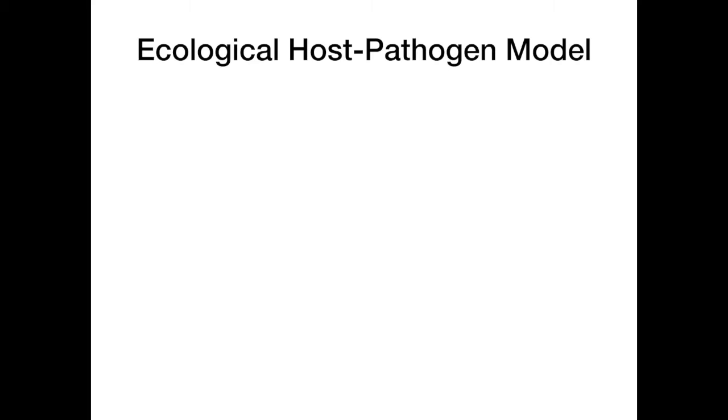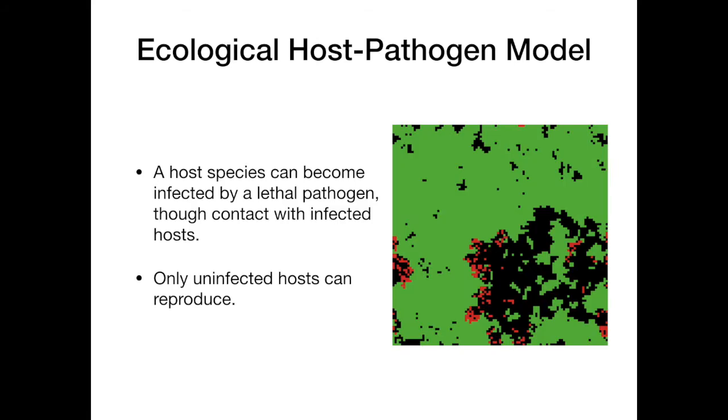In this model, there is a host species that can become infected by a lethal pathogen. Spatial locations on a grid can represent either susceptible hosts, infected hosts, or empty locations on which hosts can reproduce. Pathogens infect hosts. The pathogen spreads by passing from one host to another, and an infected host will eventually die from illness.